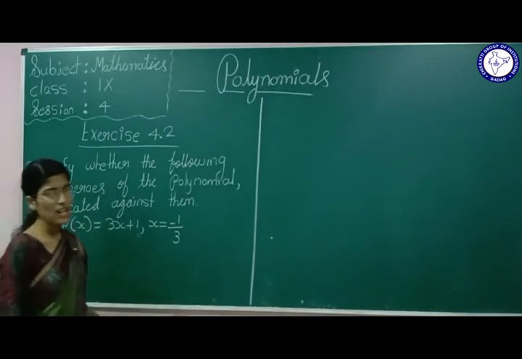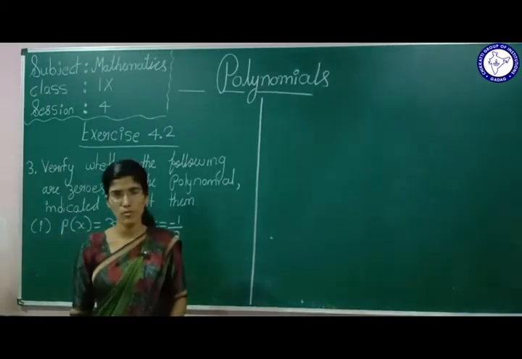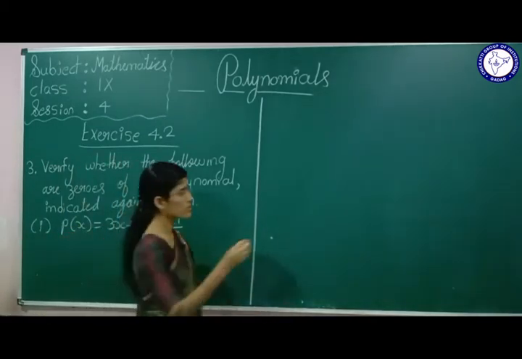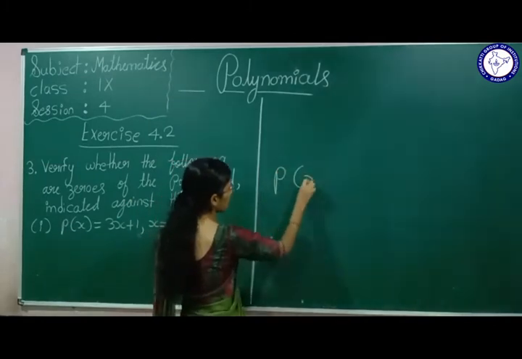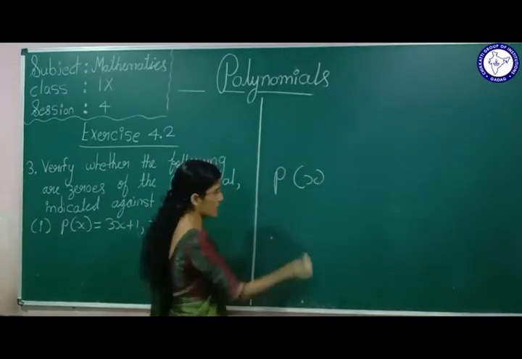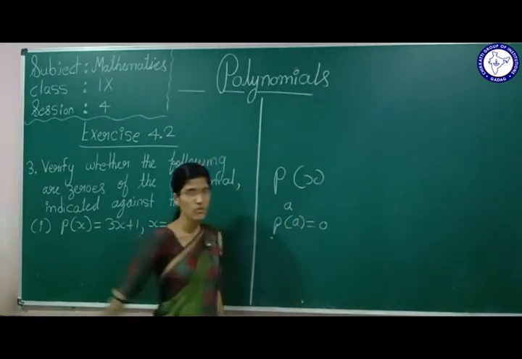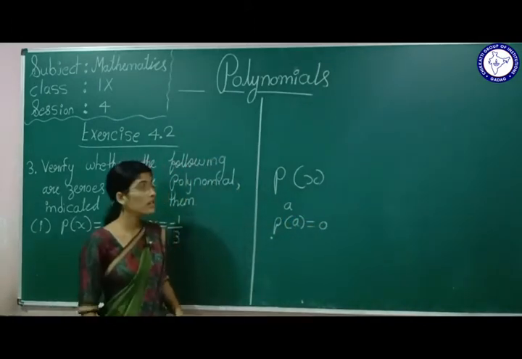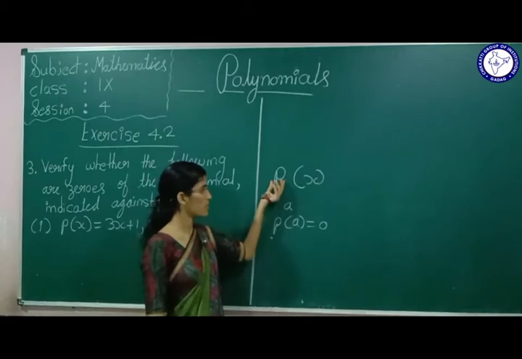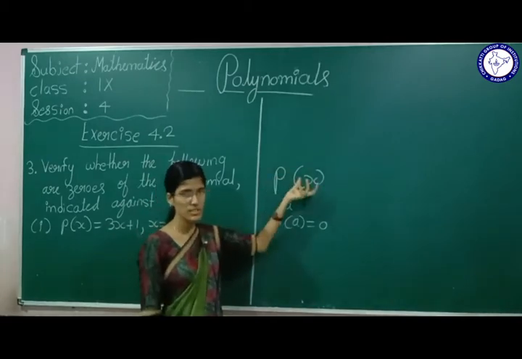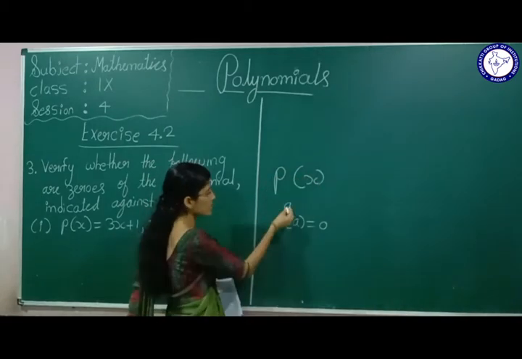In the last class we studied what the zero of a polynomial is, right? A zero of a polynomial p of x is a number a such that p of a is equal to 0. Yes or no? P of x is a polynomial and a is a number.